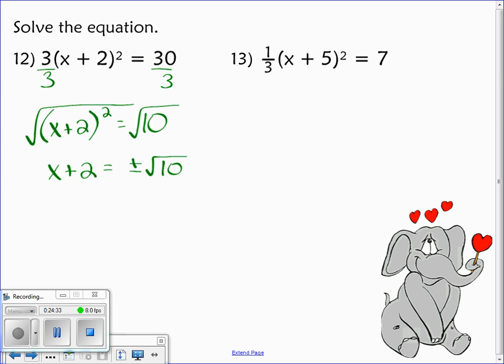What's the square root of 10? It's 3 point something. If I do a factor tree on this, there's no pairs. You should definitely try, but there's no pairs, so I can't really do anything with it. And then I still got to get x by itself, right? I would subtract the 2.